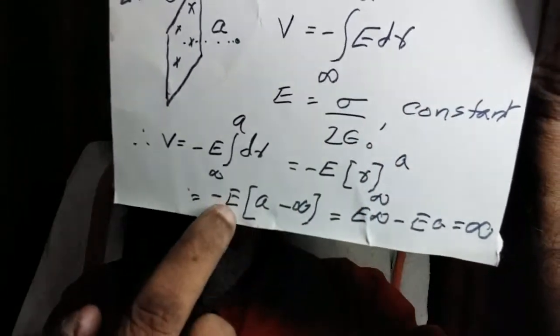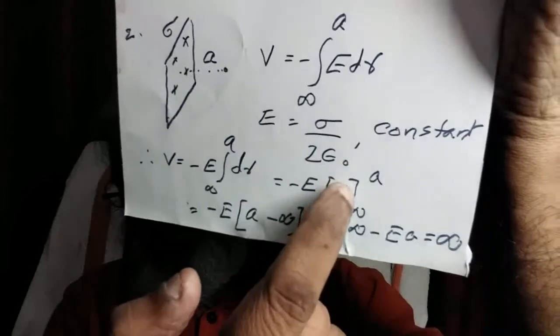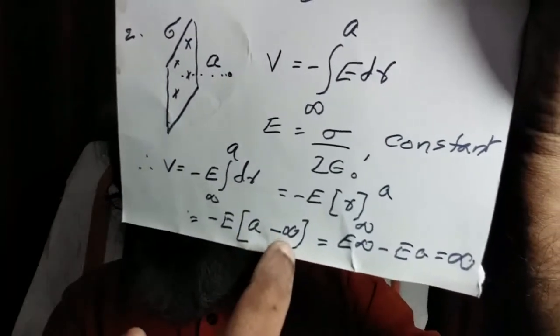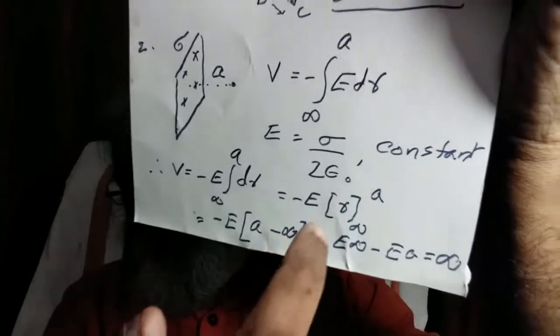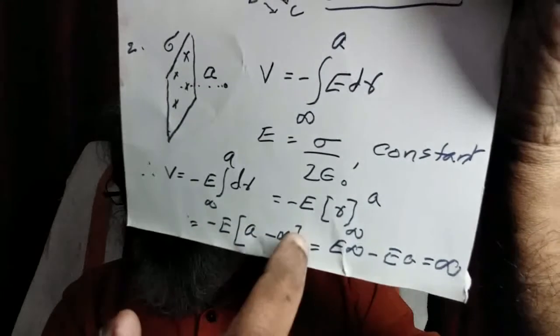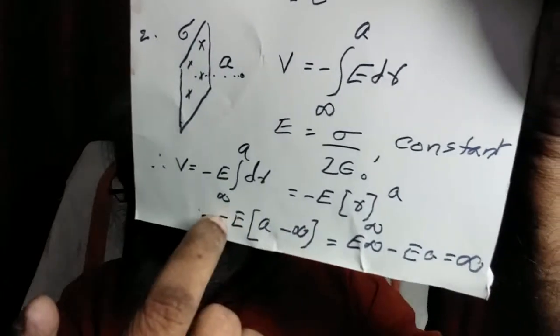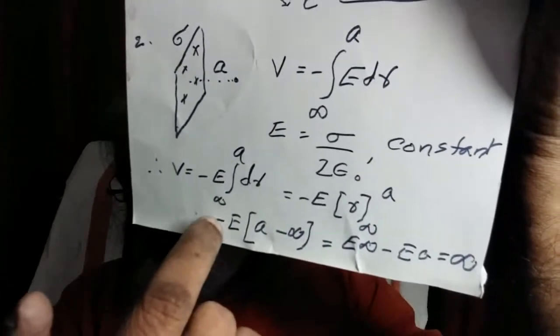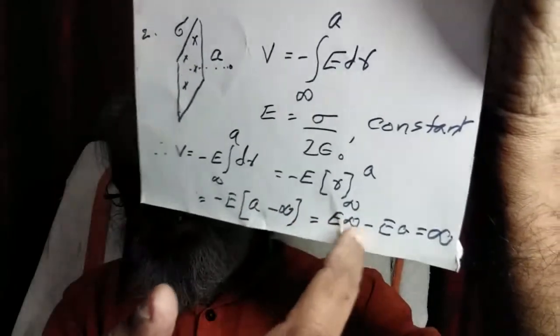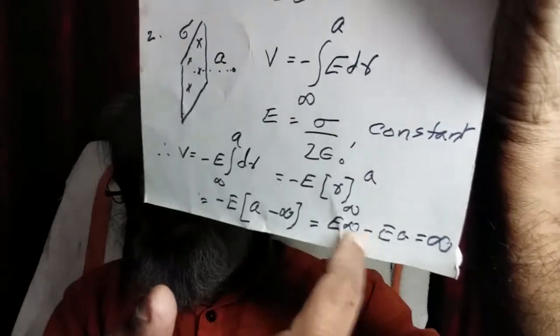Just put the upper limit: in the place of r you put a, then you subtract the lower limit: in the place of r you put infinity, so a minus infinity. You enter this minus into the brackets, so you get E into infinity minus a.